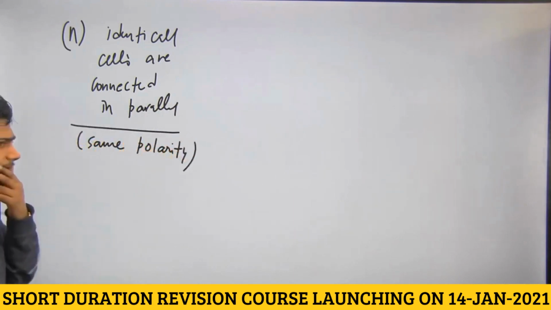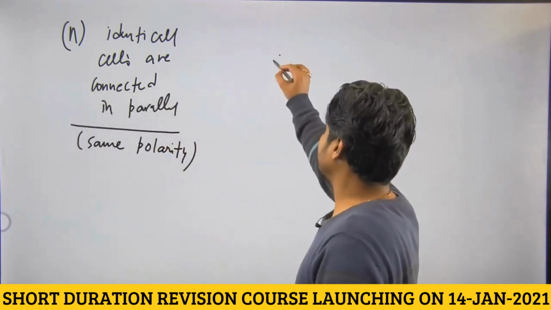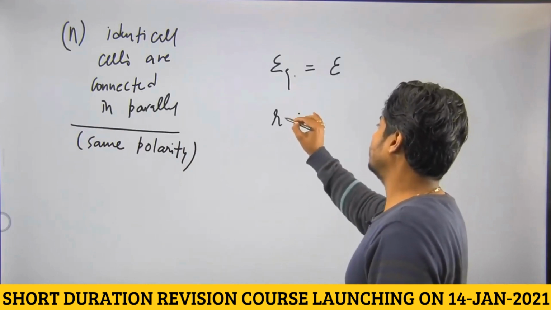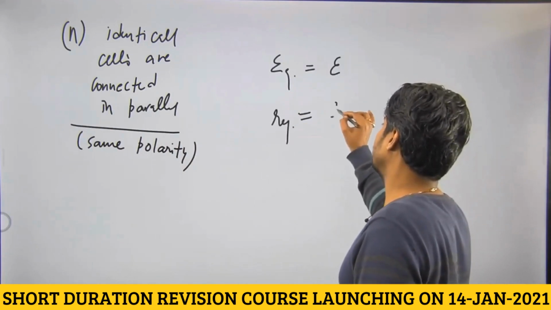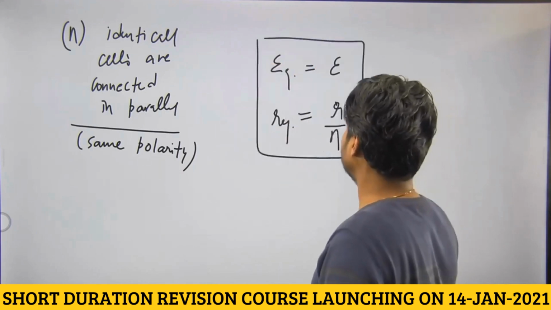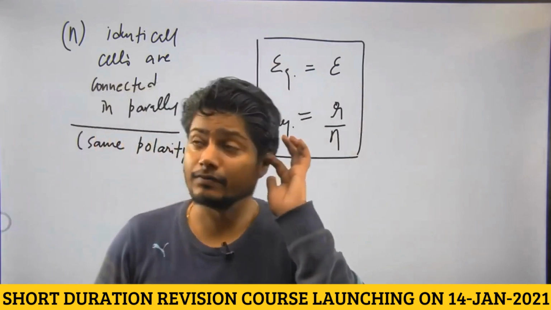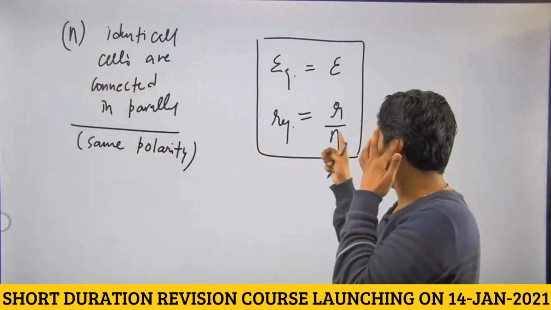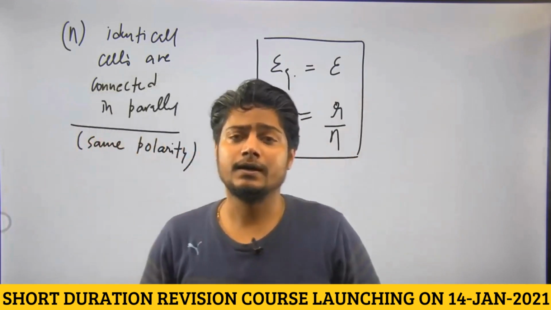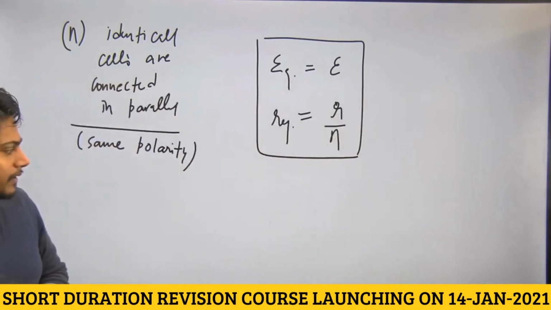If n cells are connected parallel to each other with the same polarity, then E equivalent will be just E and R equivalent will be, my dear students, R by n. Very important: E equivalent does not change, it remains E, and R equivalent becomes R by n. Effectively we can decrease the internal resistance by connecting many cells in parallel. So this is the basic understanding of the combination of cells.